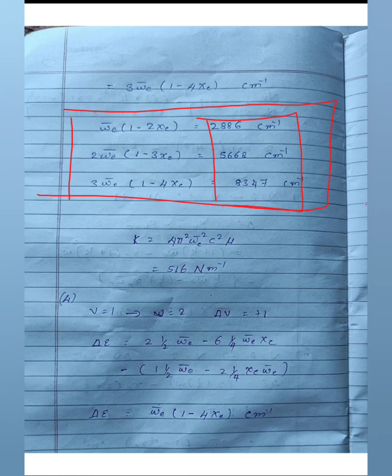It is present in the infrared region, in centimeter inverse. Here we take intensities. All the particles at room temperature, almost all the population, are present in the ground state.